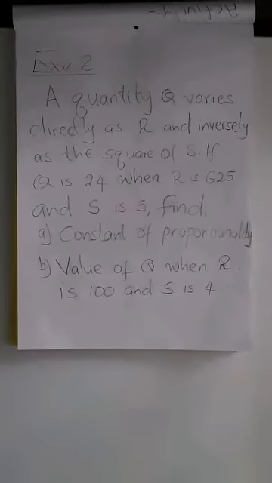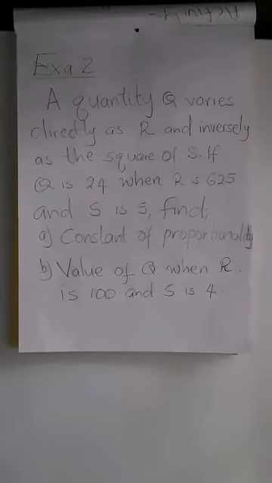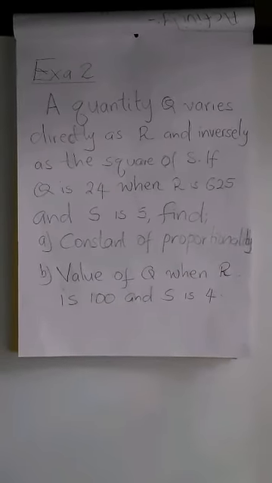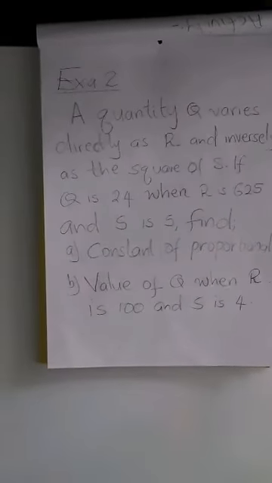We look at example 2. A quantity Q varies directly as R and inversely as the square of S. Let's interpret that.